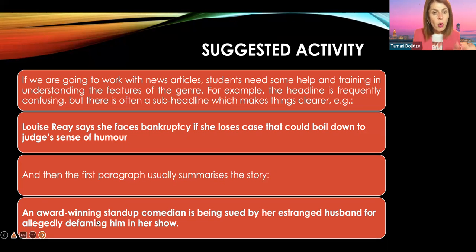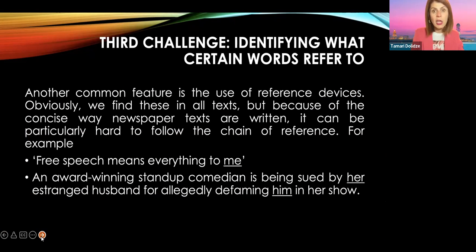And as we see, an award-winning stand-up comedian is being sued by her estranged husband for allegedly defaming him in her show. We see at least 4 journalist questions: who, what, where, why, maybe not when. It's not clear from this subheadline. This can be very easily answered by our students. So this is one of the suggested activities which I do during the pre-reading stage.